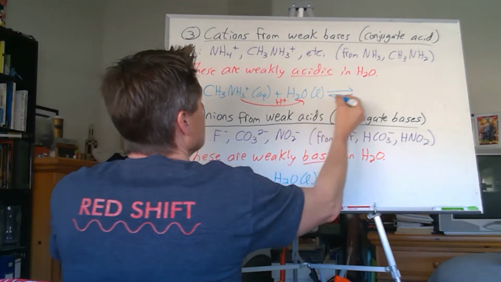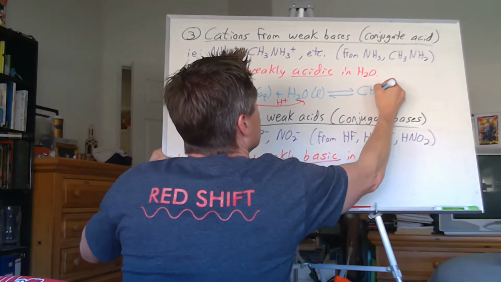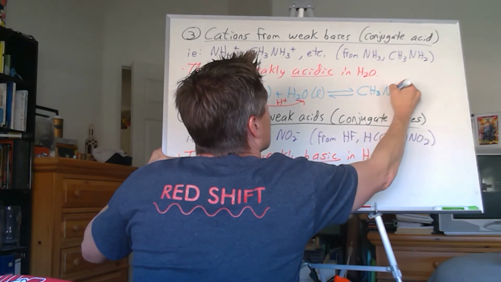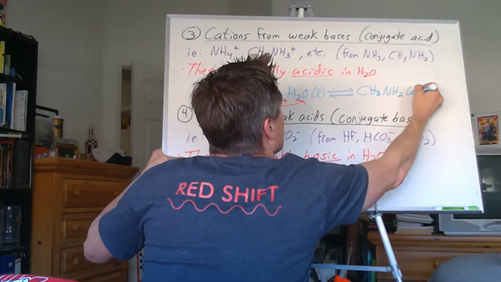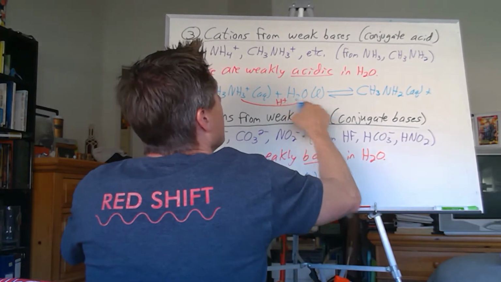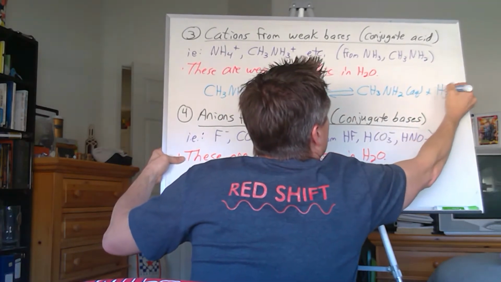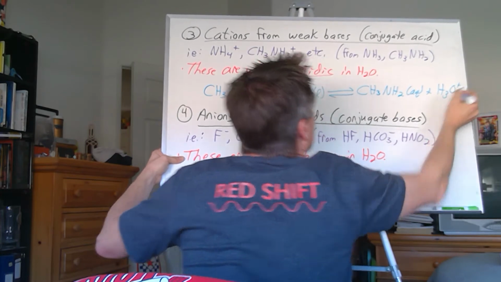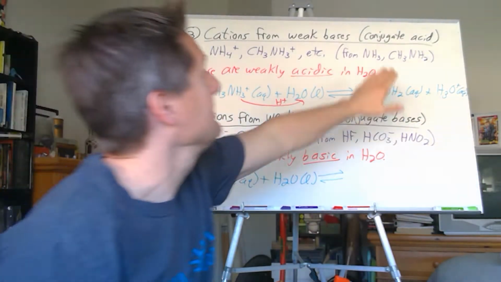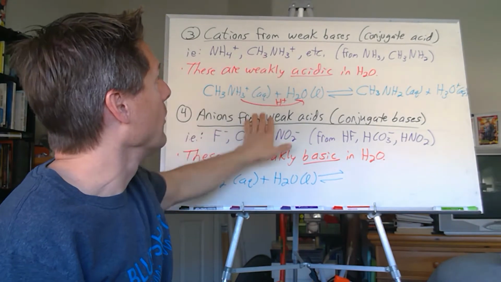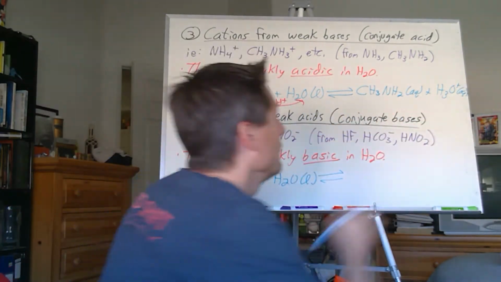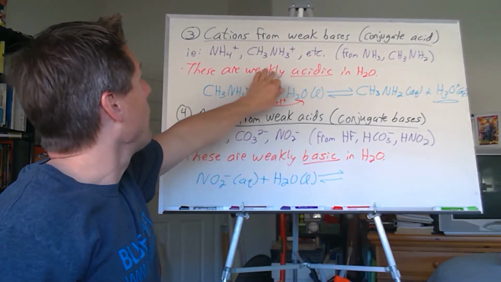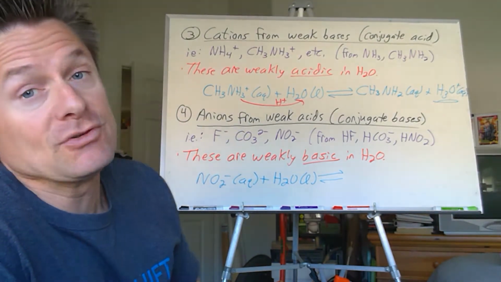So if this loses its H plus, it becomes CH3NH2, and then this becomes H3O plus. So we get the hydronium ion. So the conjugate acids from weak bases will ionize in water, producing the hydronium ion, and that's why they are weakly acidic solutions.